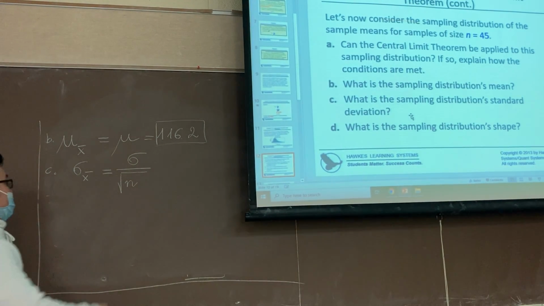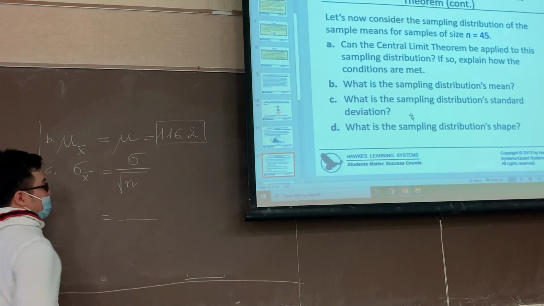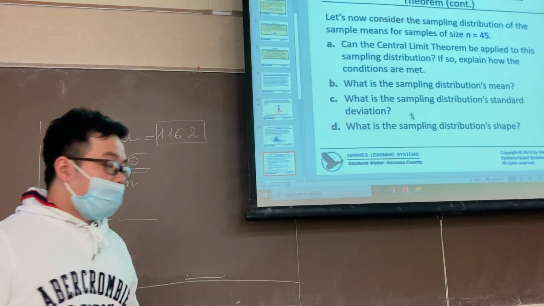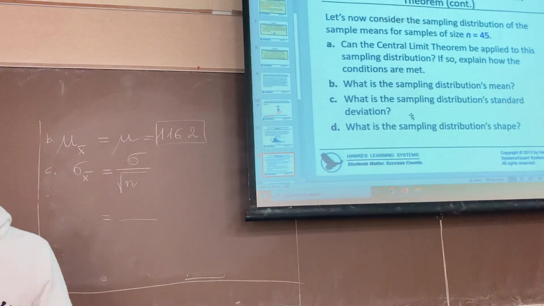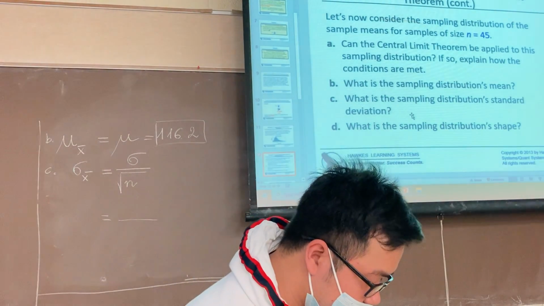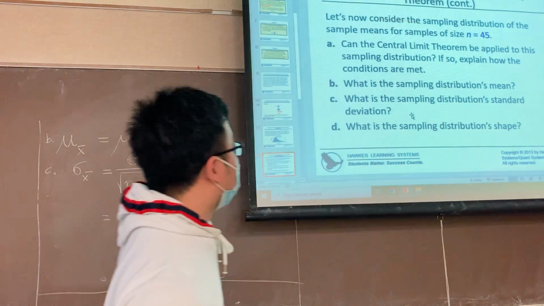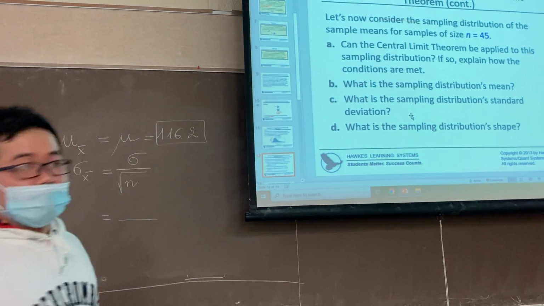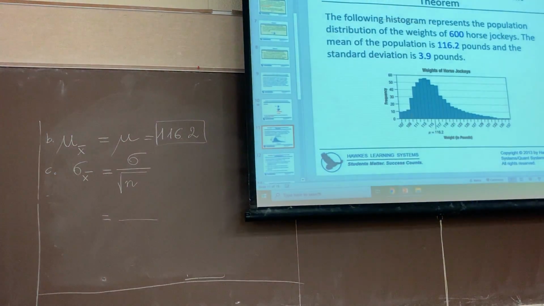Could you tell me what sigma is and what n is in this case? Sigma is 3.9 and n is 45.